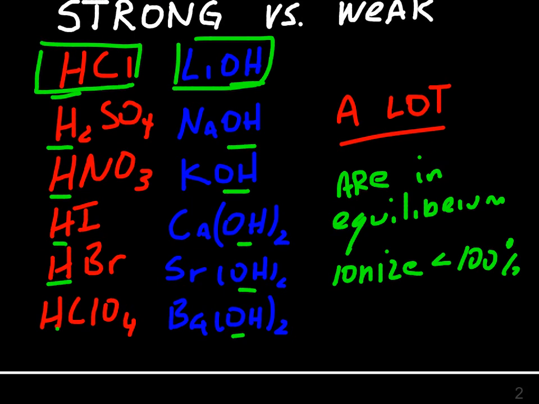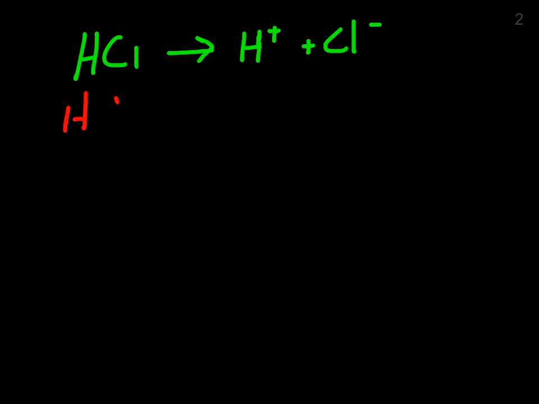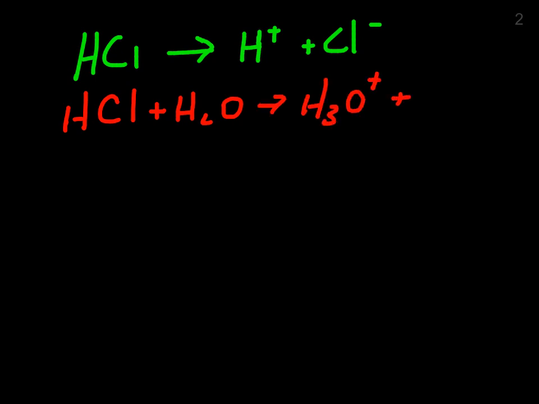Let me show you how that would look in an equation. For example, hydrochloric acid is a strong acid. It ionizes 100%, so I get hydrogen ions and chloride ions coming out of that. I could have incorporated water into that same equation and it would have been exactly the same thing. I could have written it this way: HCl plus H2O going to H3O plus and Cl minus.